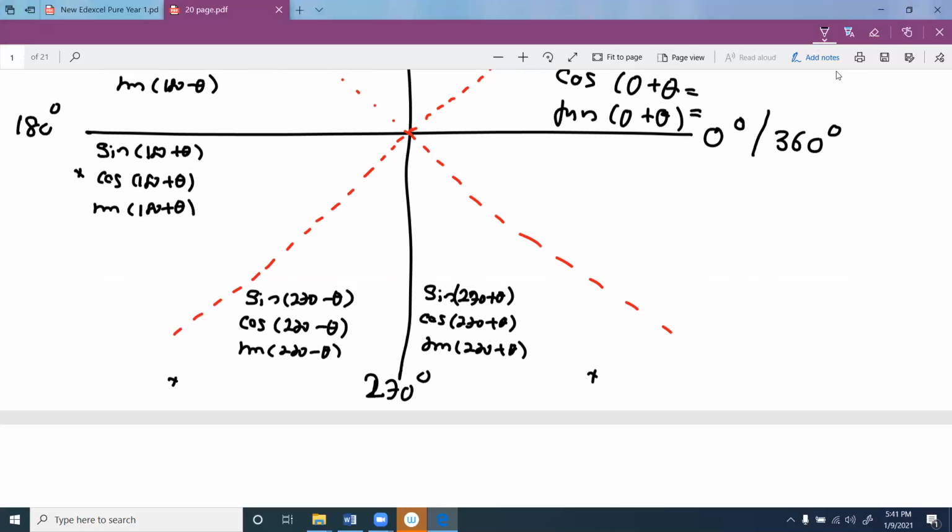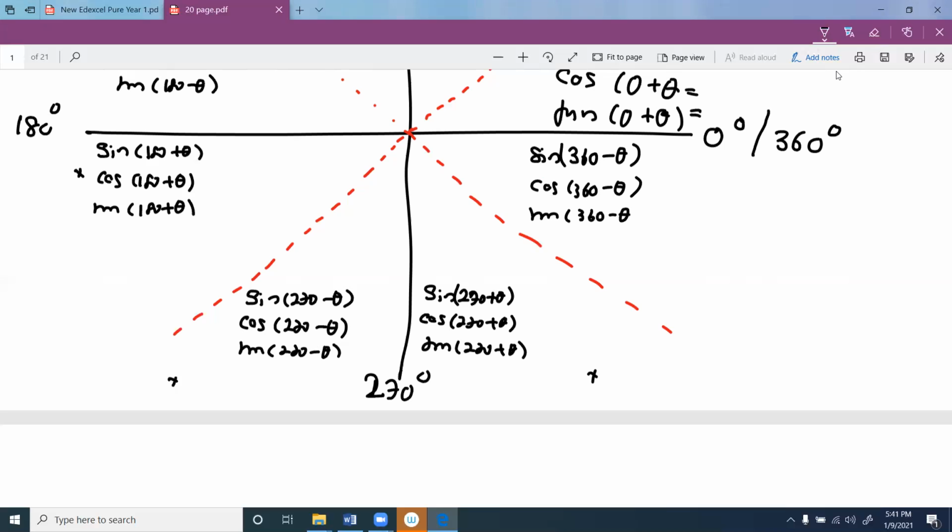When you mark an angle over here, the basic concept here is, you can say this is sine 360 minus theta, right? This is cos 360 minus theta. This is tan 360 minus theta.